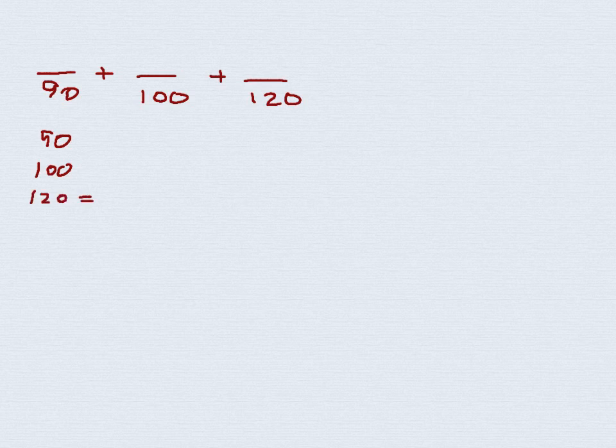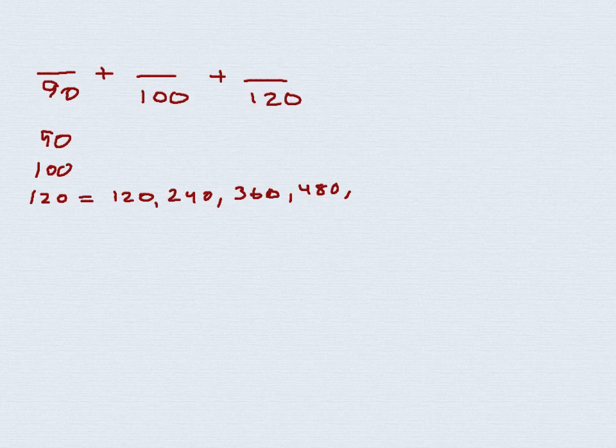You start writing out your multiples: 120, 240, 360, 90 goes into 360, but 100 doesn't, 480, and so on. It gets very laborious. Let's try the other method.